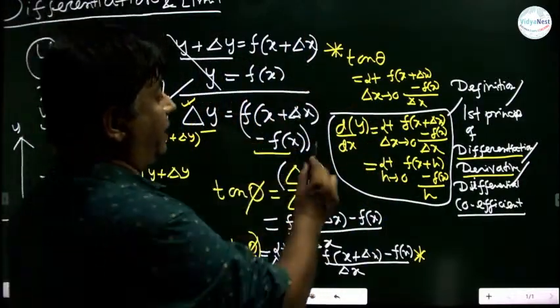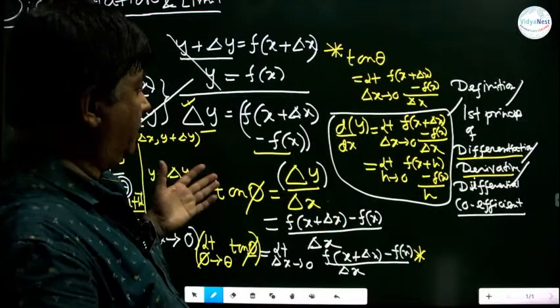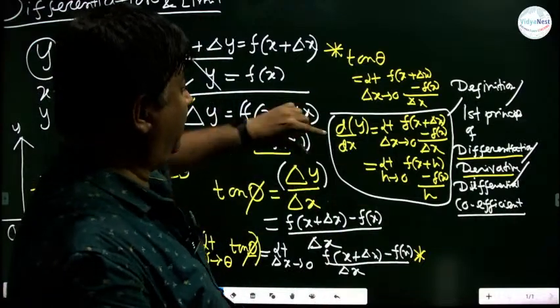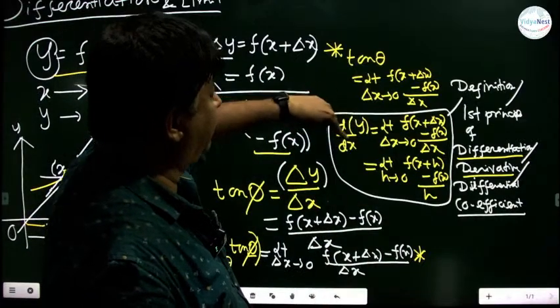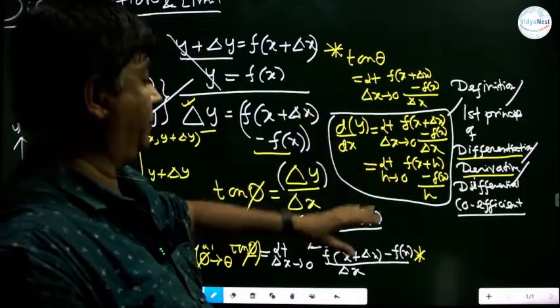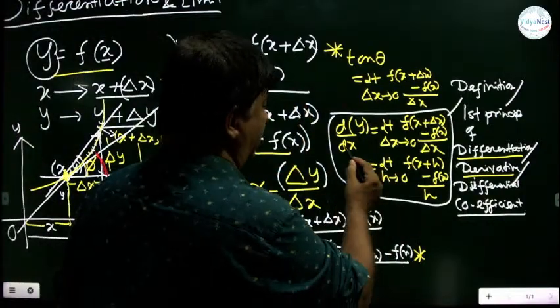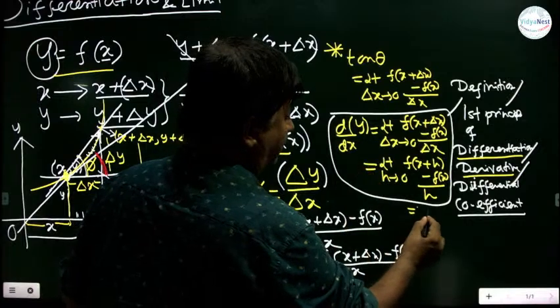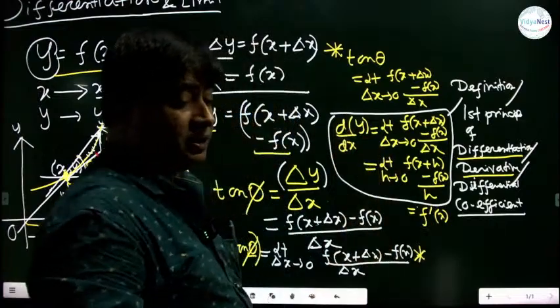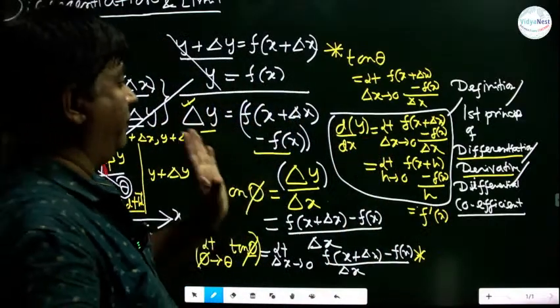This d/dx of y, for the sake of pronunciation, we can call dy/dx. So differentiation of y with respect to x, or d/dx of y, can be called f dash x. The dash means first order derivative.